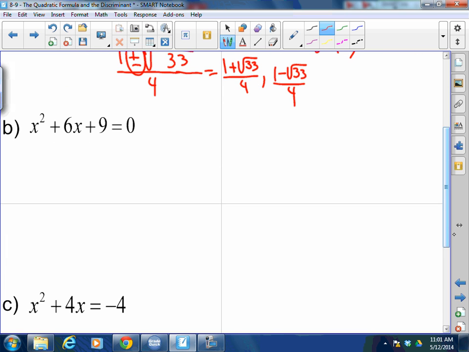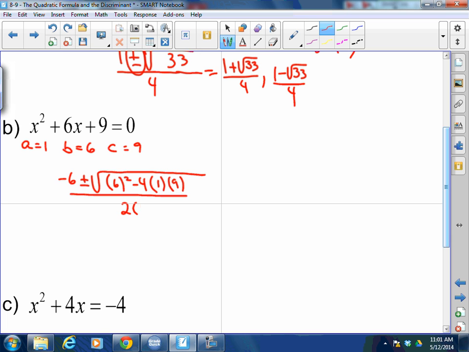X squared plus 6x plus 9 equals 0. What's my A? 1. What's my B? What's my C? Okay, so negative B plus or minus square root of B squared minus 4 times A times C over 2 times A. This equals -6 plus or minus the square root of 36 minus 36 over 2, which equals -6 plus or minus 0 over 2. 0 cancels.